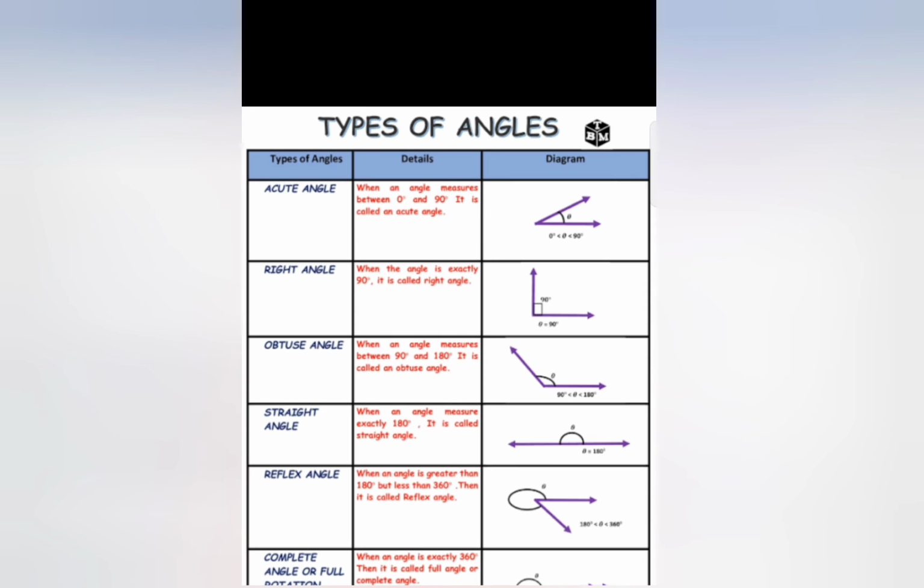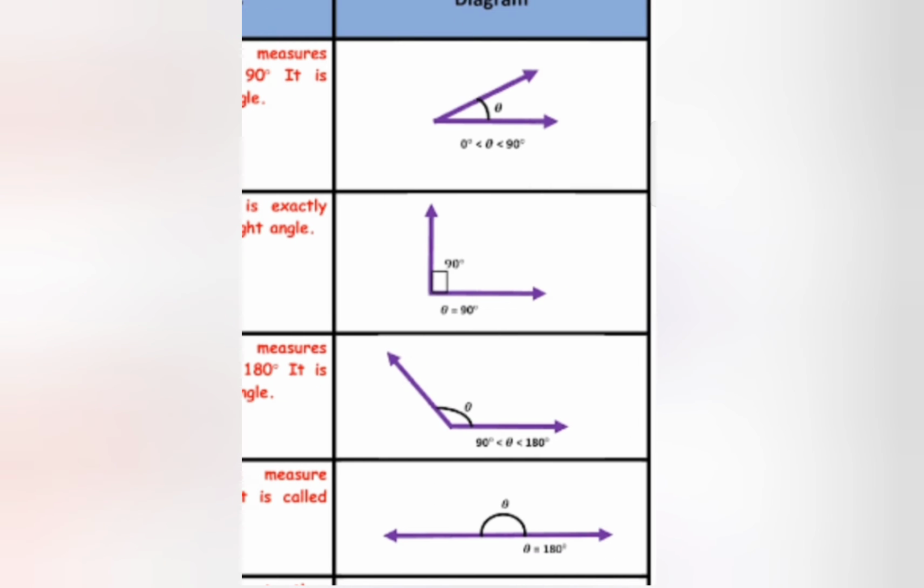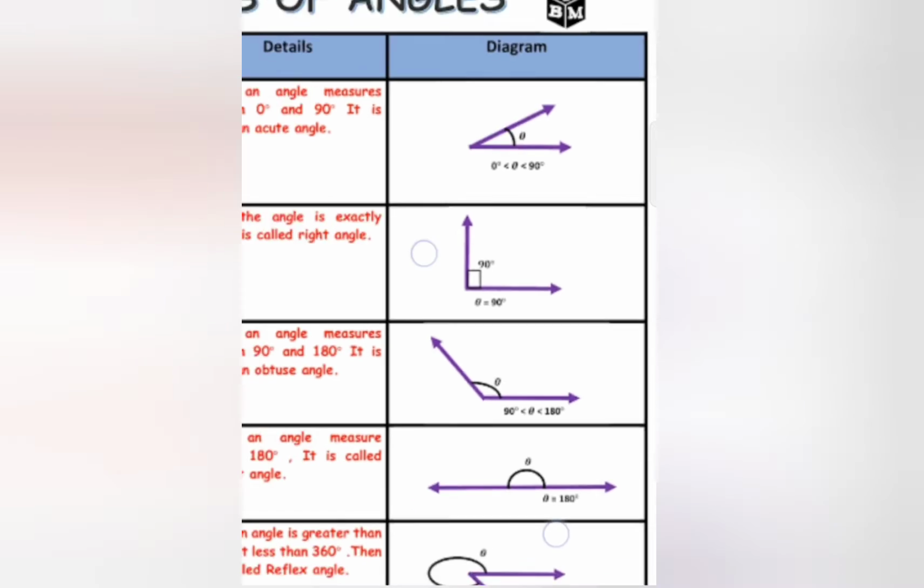Acute angle means when an angle measures between 0 and 90 degrees, it is called an acute angle. If the angle is more than 0 but less than 90 degrees, that is nothing but an acute angle. If the angle measures exactly 90 degrees, that is a right angle. If the angle measures more than 90 but less than 180, that is an obtuse angle.